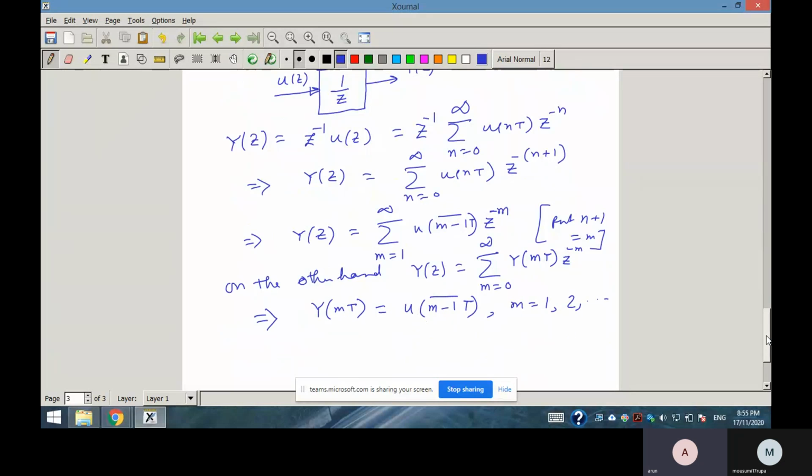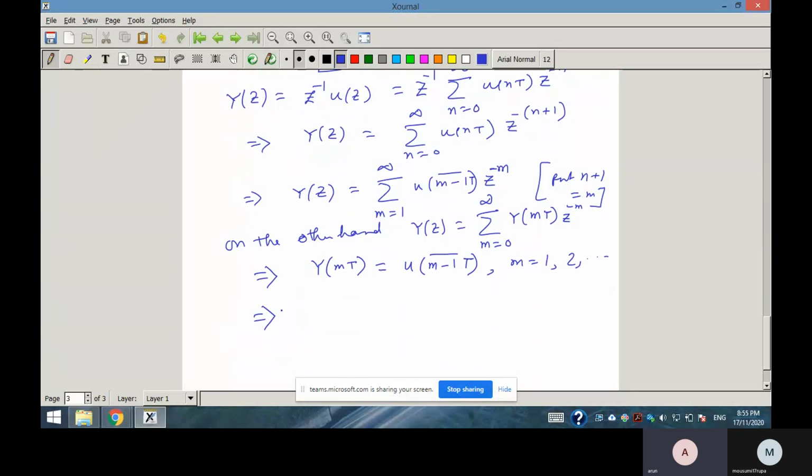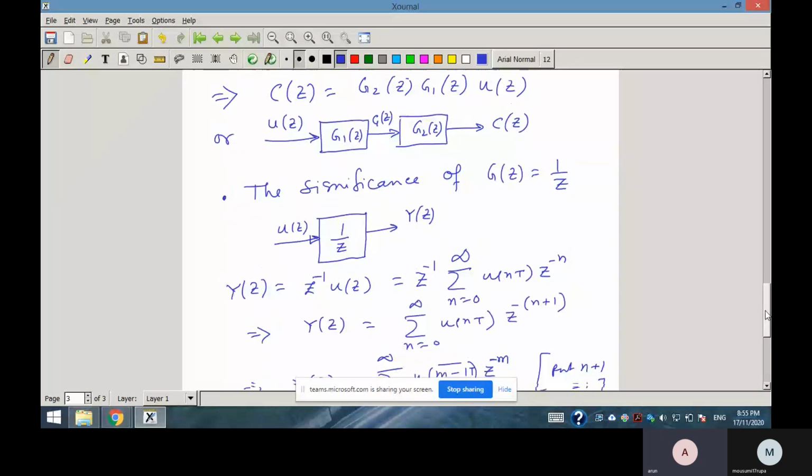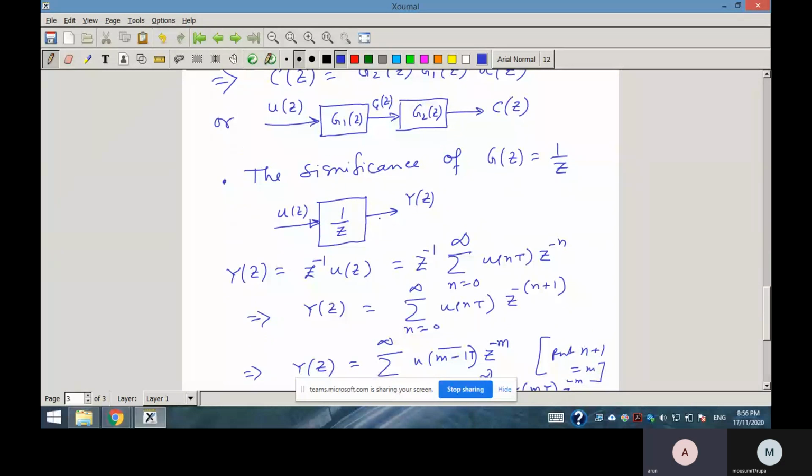So this implies 1 by z is a unit delay operator. This is a very important result. Unit delay operator. That means whatever input you apply at an instant, output will appear after 1 unit delay.